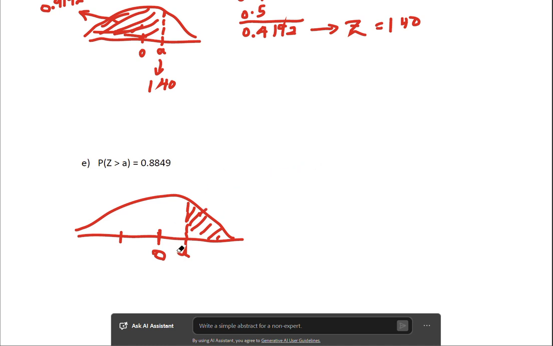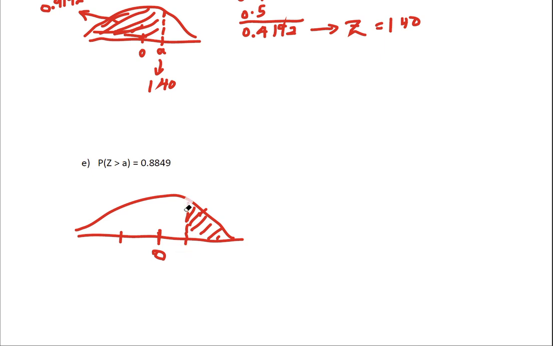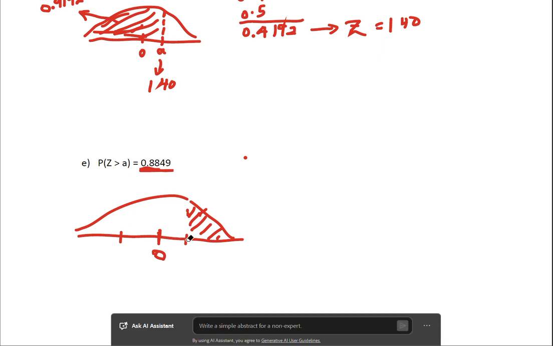Although A here is specified as a positive number, the probability of 0.8849 is actually bigger than 0.5.